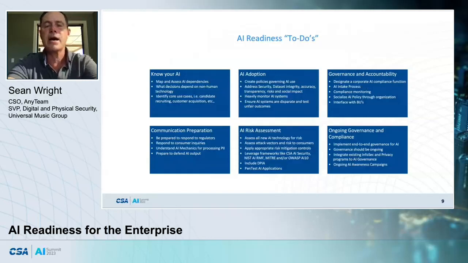With respect to AI adoption, you really need to develop some policies governing AI use within your organization. So ensuring that there's something documented for people to follow as they are thinking about ways to deploy AI technology, thinking of ways to better their operations or modernize their business, but having policies in place that they can actually follow that ensure the safety and the trust and ethics and all the things that we've talked about previously are being addressed.